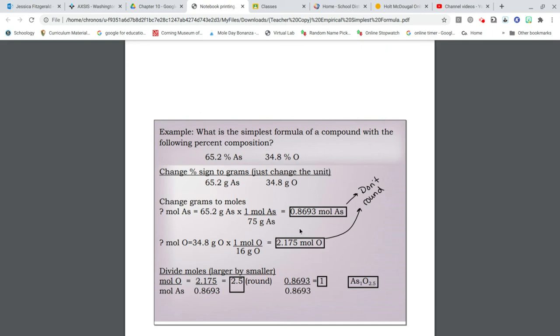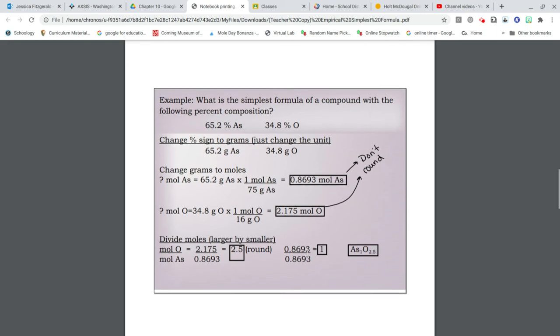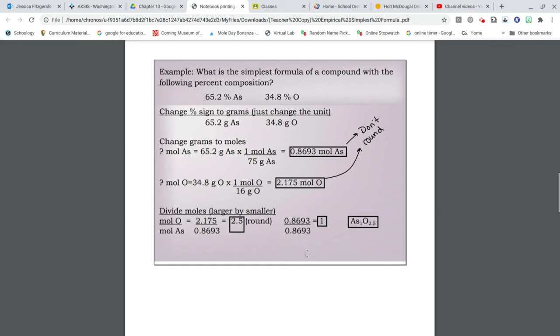Again, don't round your number of moles in this step. Try to leave as many decimal places as possible. And this is why, because the next step is to divide by your smaller number of moles. So since arsenic is our smaller number of moles, we're going to divide that into our moles of oxygen.